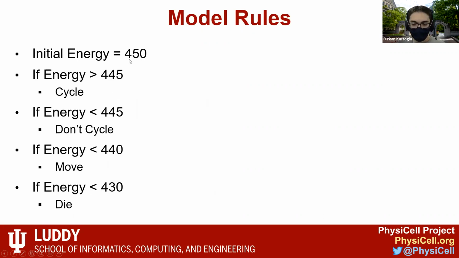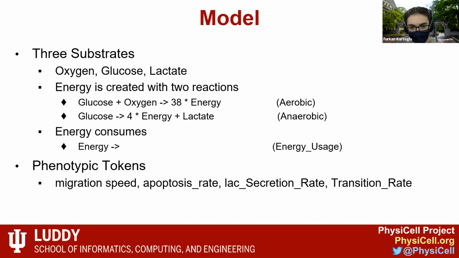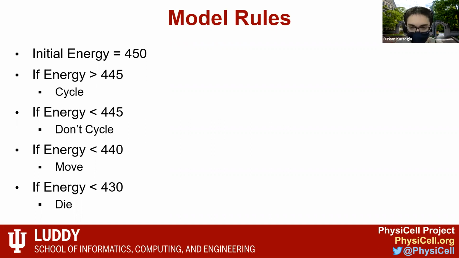The initial energy is 450. I just want to remind you that we are doing qualitative modeling here, so those values are not actually scientifically true. We are just showing the behavior and also making sure that the math is right.